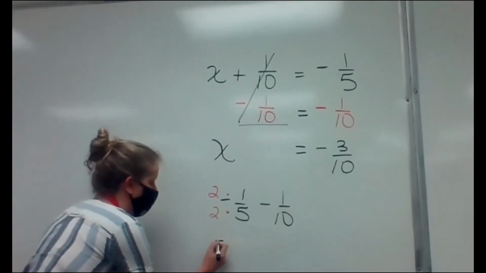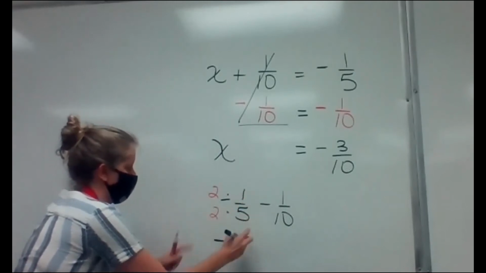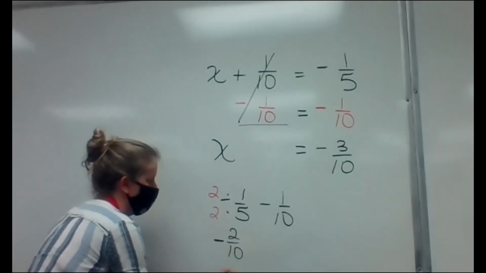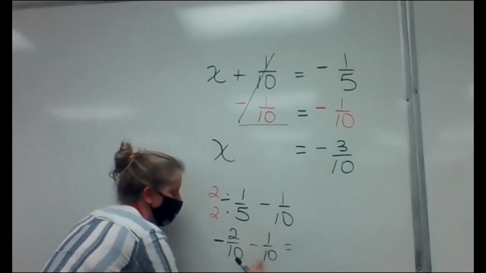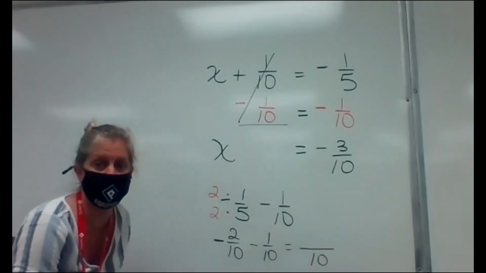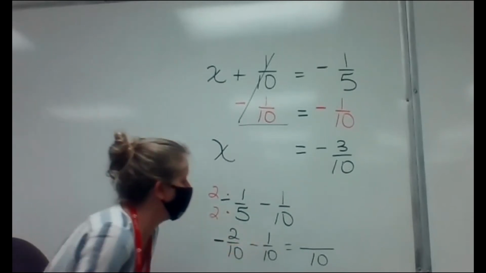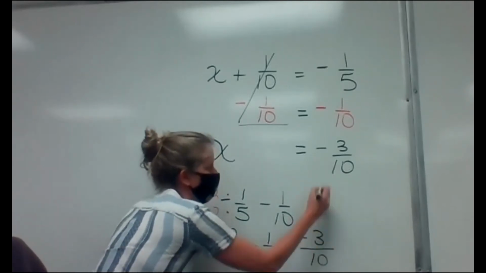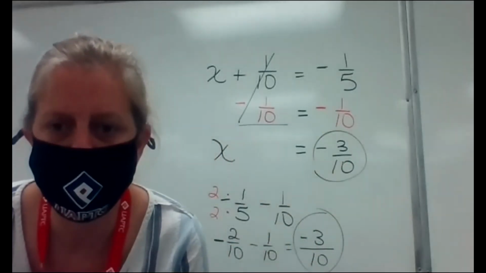It's still negative. Multiply on top and bottom, -2/10. Bring down the -1/10. Now my denominators are the same, so I will just bring over that 10. -2 minus 1 gives you -3. So that's how you would do it by hand.